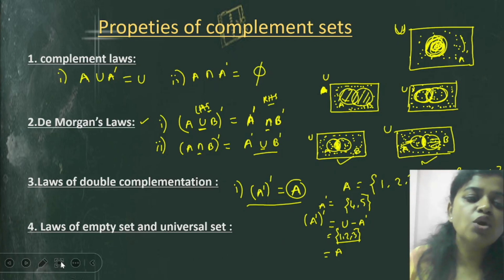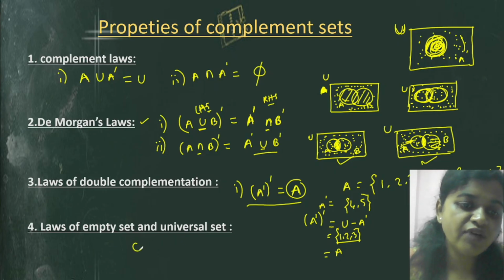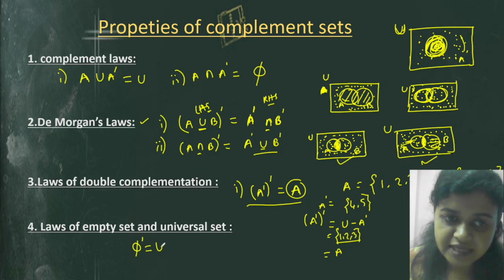Okay. Now laws of the empty set and universal set. So phi complement: if we find the complement of the empty set, where phi is the empty set, which we consider the null set, you will get what? The set U. Okay, set U obviously.